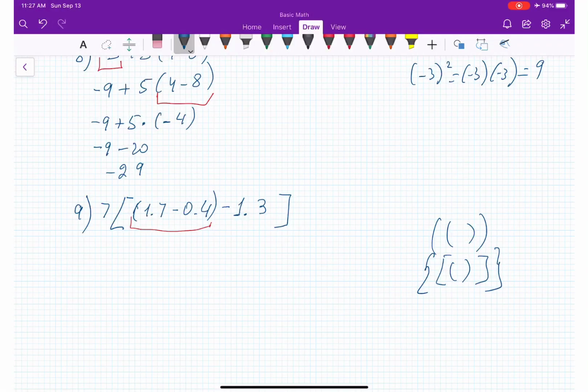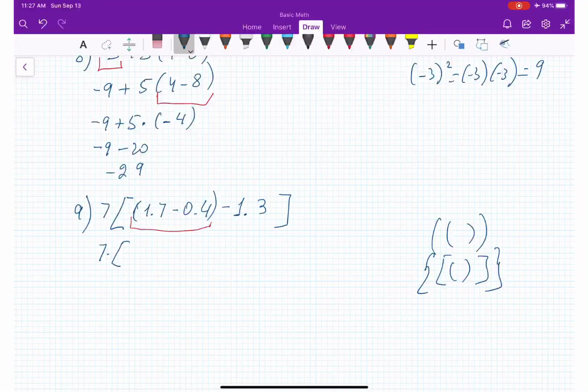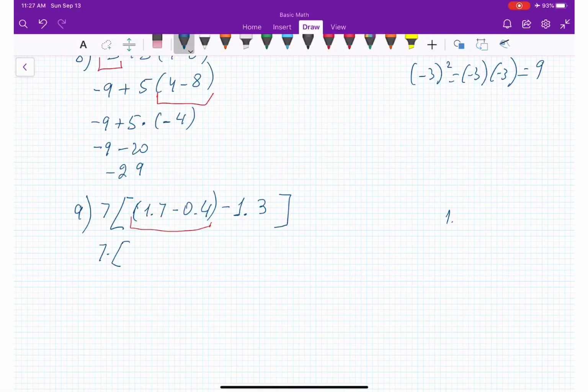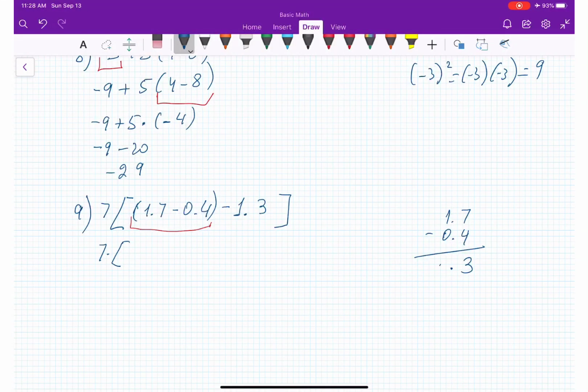Okay, so 7 times parentheses 1.7 minus 0.4. One is positive, one is negative, that means we are going to subtract. So it's going to be 1.7 minus 0.4. 7 minus 4 is 3. 1 minus 0 is 1. 1.3.